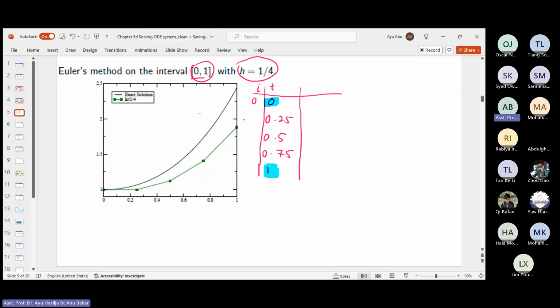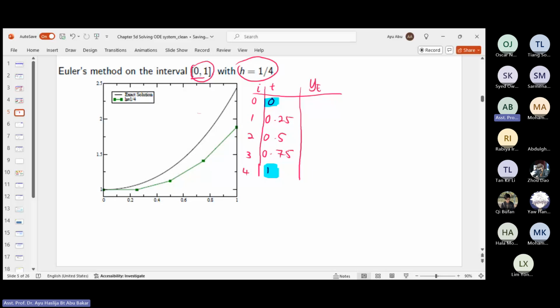Now this is your index. Next is to find the y Euler. We just find the y Euler; y true you can calculate on your own later on.